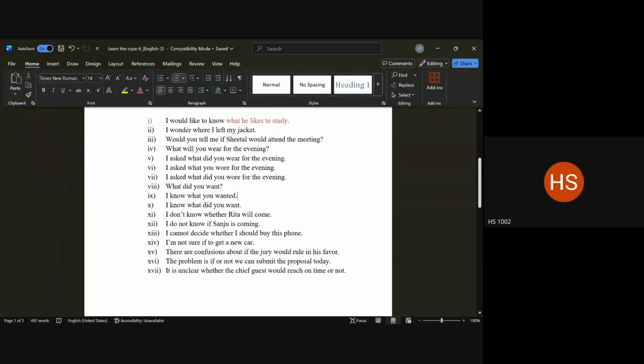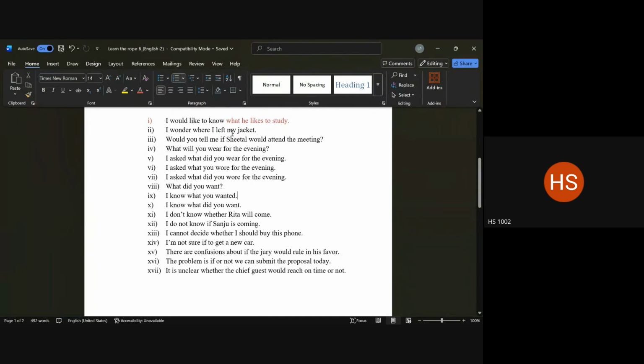So 7 is out. Now, among the fifth and the sixth sentence: I asked, what did you wear for the evening? I asked, what you wore for the evening. The fifth one is what? Grammatical, ungrammatical? Ungrammatical. The fifth one is ungrammatical, right?